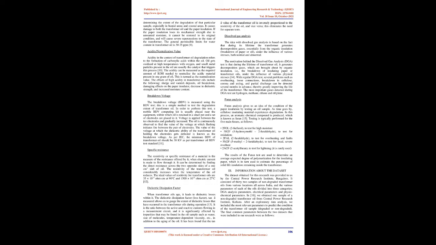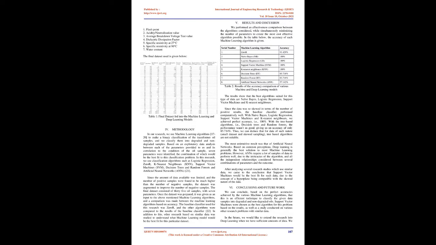Dissolved gas analysis. The idea with dissolved gas analysis is based on the fact that during its lifetime the transformer generates decomposition gases, essentially from the organic insulation, breakdown of paper or oil, under the influence of various stresses, both normal and abnormal. The motivation behind the dissolved gas analysis, DGA, test is that during the lifetime of transformer oil, it generates decomposition gases, which are brought about by organic insulation, i.e., the breakdown of insulating paper or transformer oils, under the influence of various physical stresses.